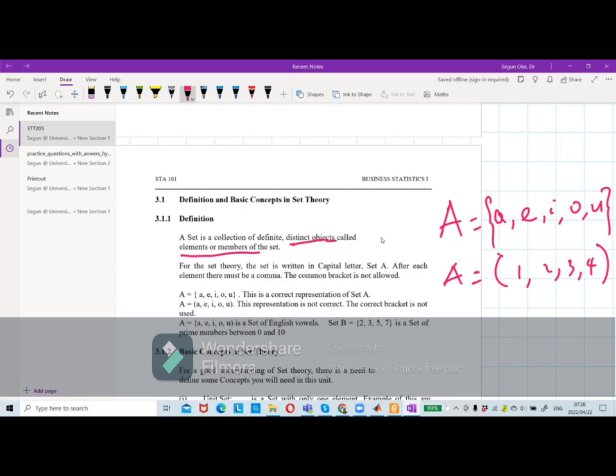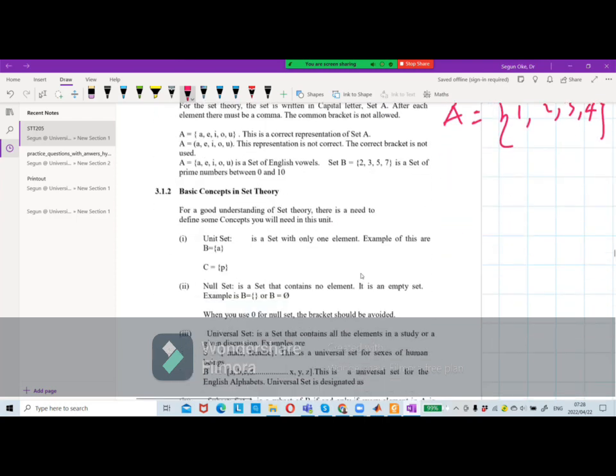Please let's take note of that. The notation is very important. It's very simple. All you need to do is just to write a brace bracket. A brace bracket represents a set. So let's move on.